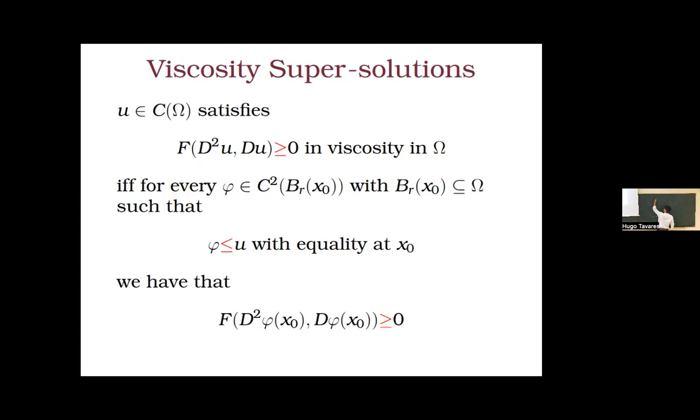If you have, as before, U and V, and they touch each other, so that U equals V and their gradients are equal at the contact point, let me call this x naught. And moreover, the Hessians are ordered.